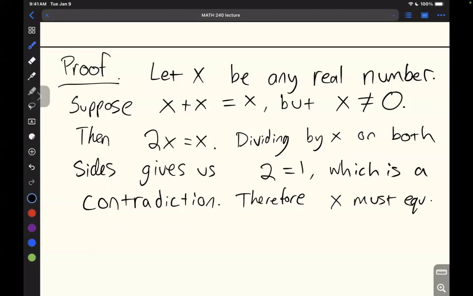So therefore, x must equal 0. You could also have said, therefore, x equals 0, spelling it in symbols instead.